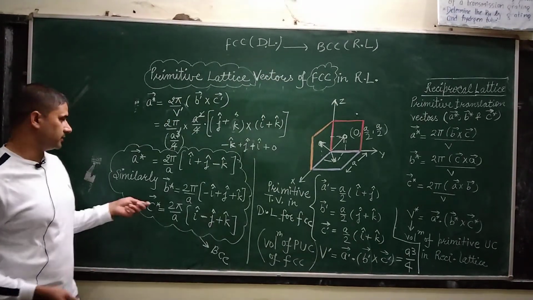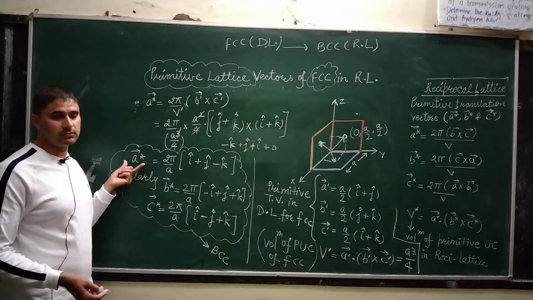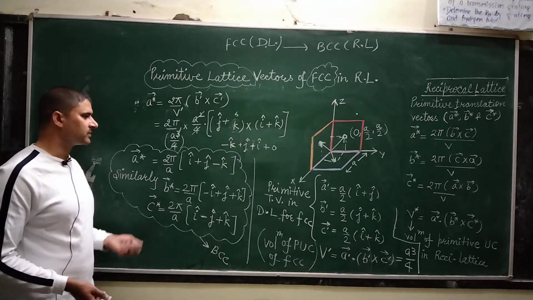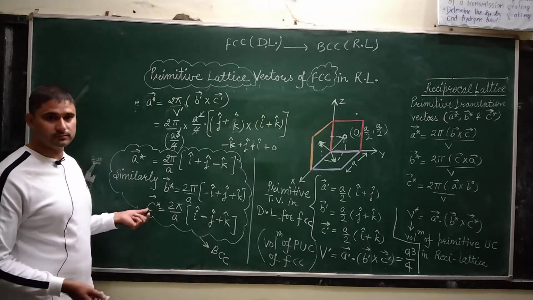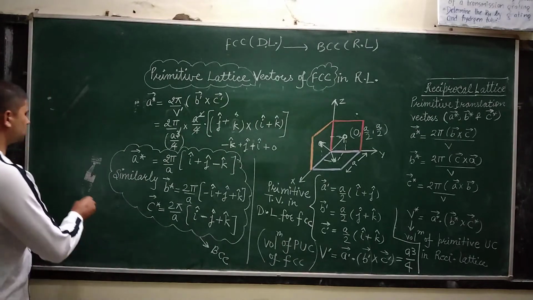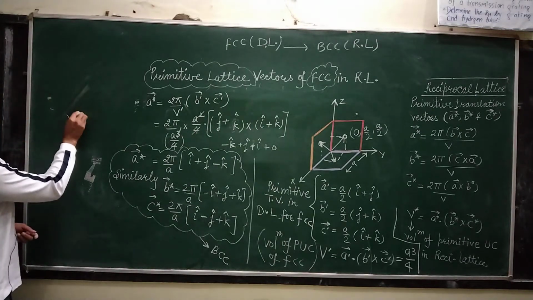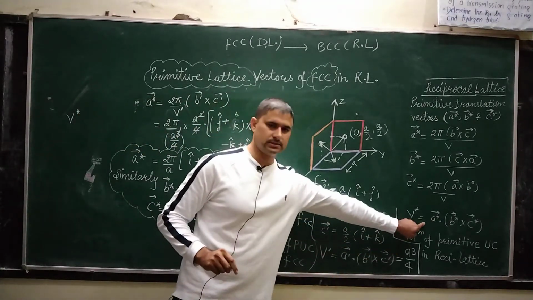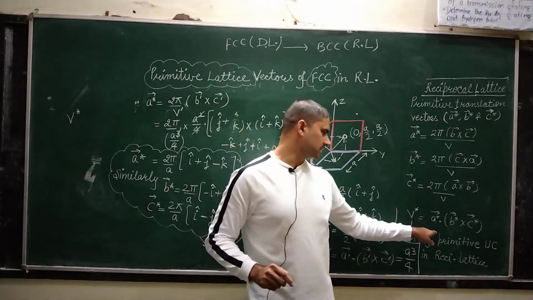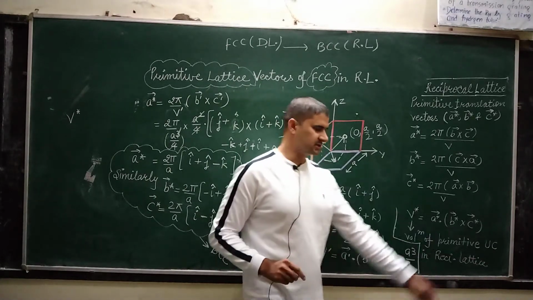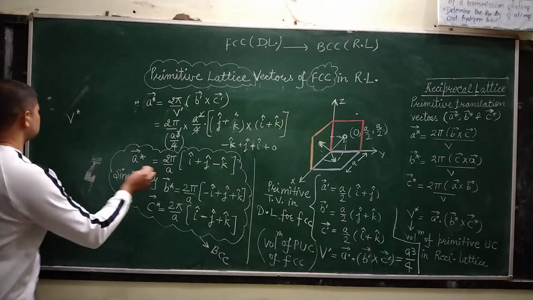Okay class, we have seen how to find the primitive translation vectors for FCC in reciprocal lattice. Now we will find its volume. Okay class, so its volume you can find out, let it be V star. We will make use of this relation, it will be equal to the scalar triple product of primitive translation vectors in reciprocal lattice.